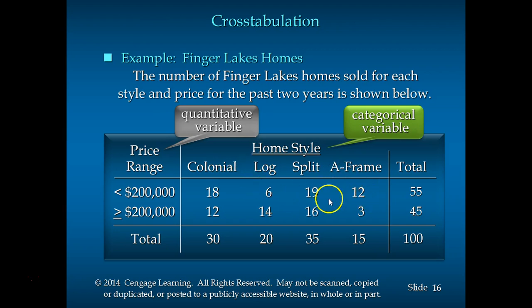Just based on this, it looks like the A-frame, almost what? 3 out of 15 is exactly 1 out of 5. 20% are expensive for the A-frame and 80% are cheap. Do you see this? So the A-frame appears to be kind of on the cheaper side, I would say.